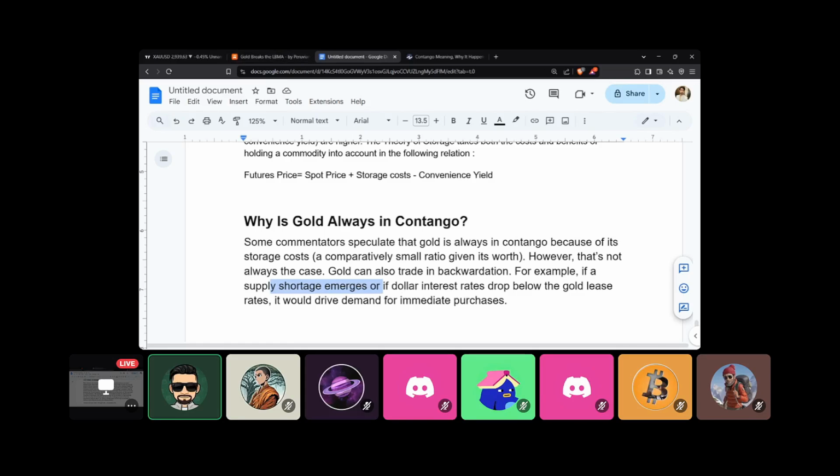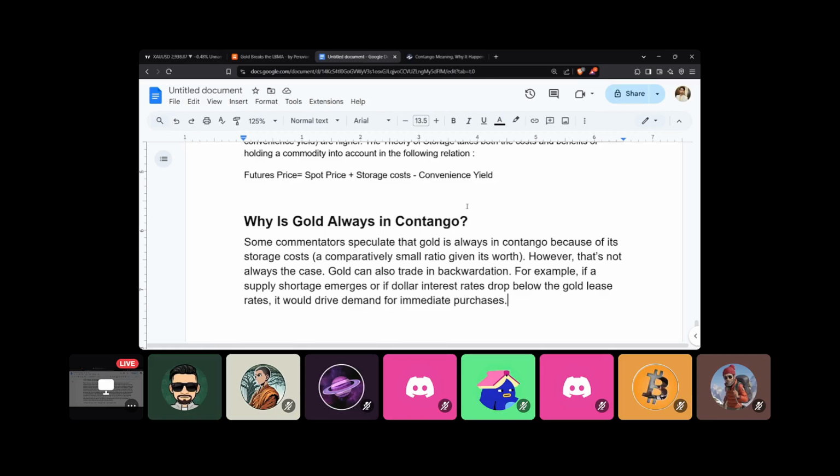They don't have enough physical gold in backing currently. Or if dollar interest rates drop below the gold lease rates, it would drive demand for immediate purchases. So whenever the convenience yield factor rises, the markets will go into backwardation.